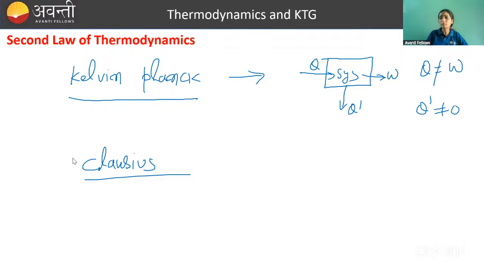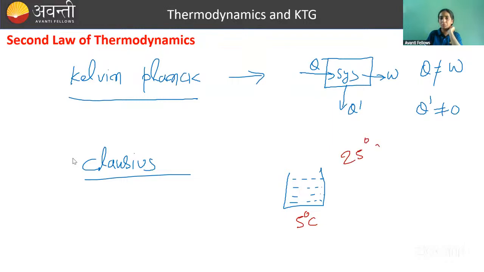ठीक है? जैसे आप देख लो, suppose there is a cup of tea, and suppose this is at temperature 25 degrees centigrade. ठीक है? Let's say this is cold coffee, and this is at 5 degrees centigrade, and this is our surrounding.